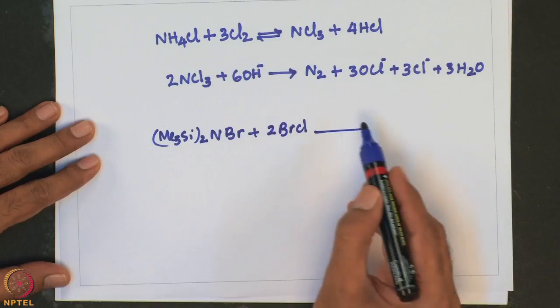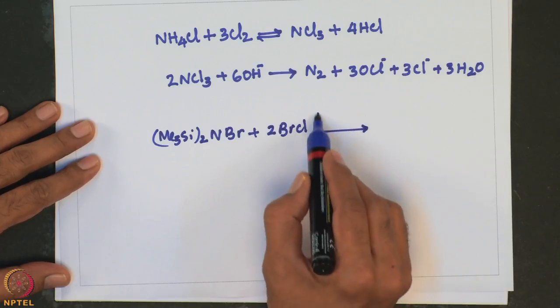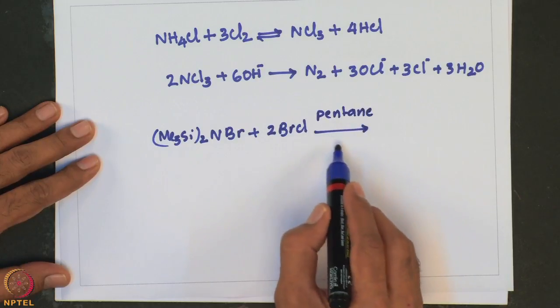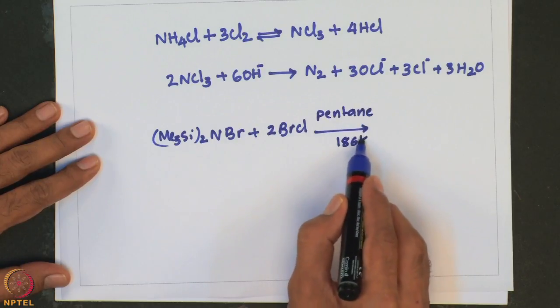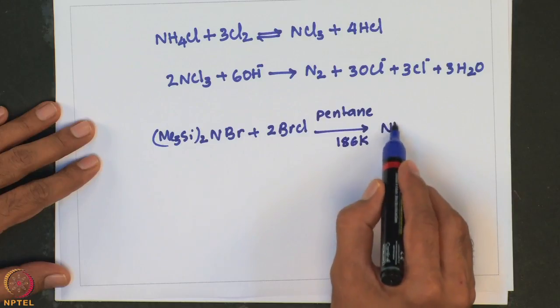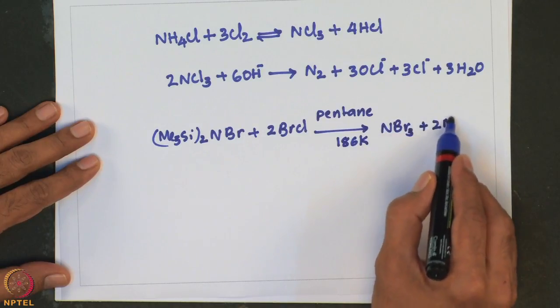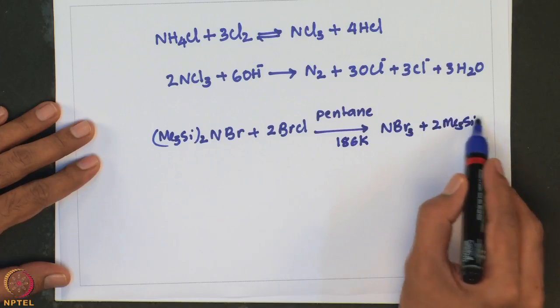So, this reaction has to be carried out at very low temperature in pentane. It gives NBr3 plus 2Me3SiCl.